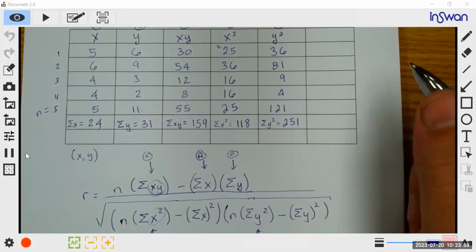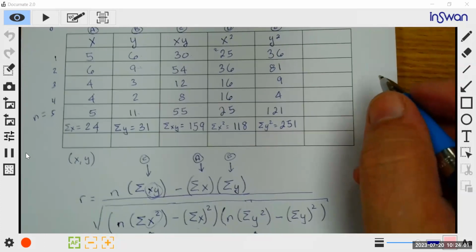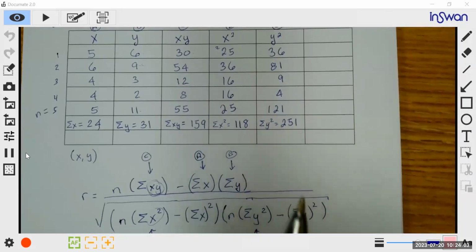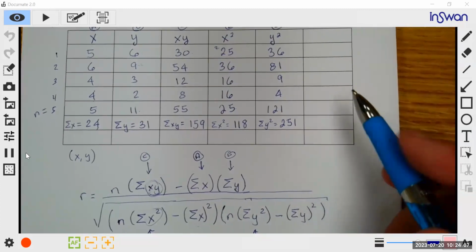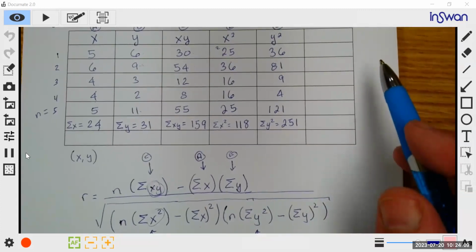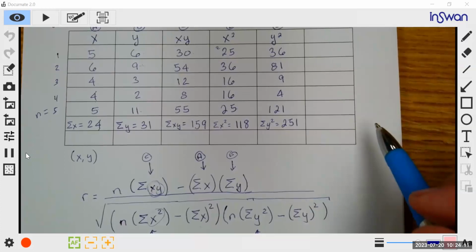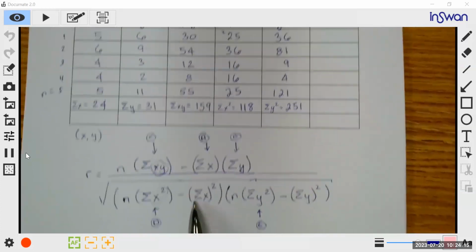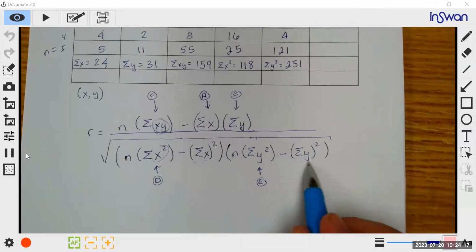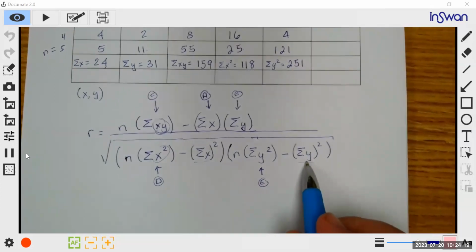I'll wait for everybody. Is everybody okay with where we got all these numbers? The only things we didn't calculate are this one and this one. Where do we get those numbers?